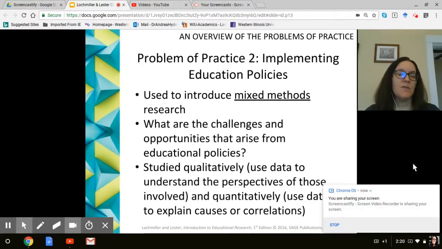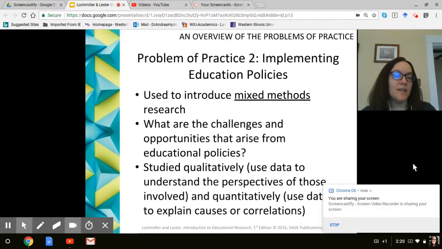This is used to introduce mixed methods research, so the kind that uses both quantitative and qualitative methodologies and methods. And one of the questions could be, what are the challenges and opportunities that arise from educational policies? So we're open to learning about perspectives of people and also the actual outcomes as converted into numerical data, right?